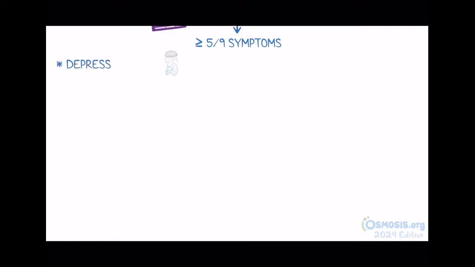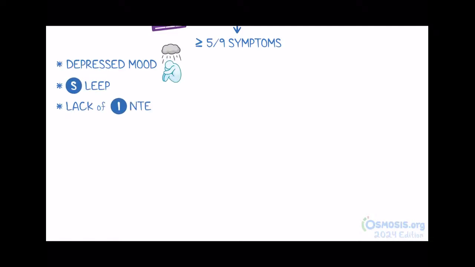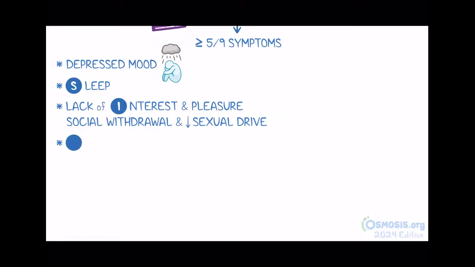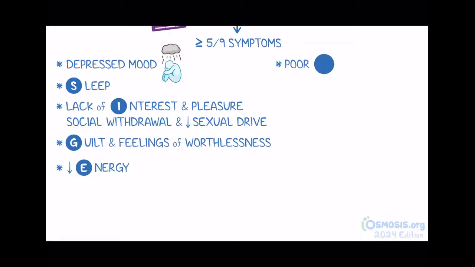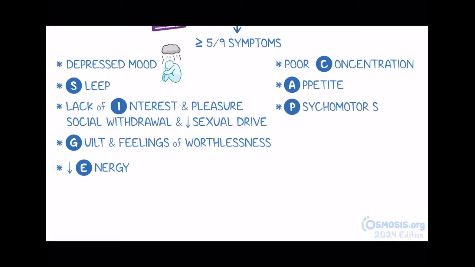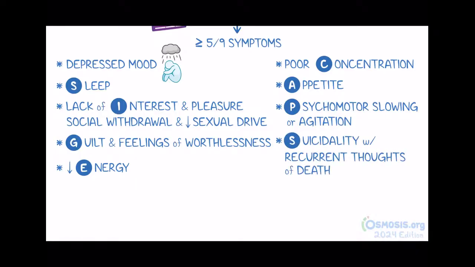These include consistently depressed mood, too much or too little sleep, lack of interest and pleasure in previously enjoyed activities, social withdrawal and decreased sexual drive, guilt and feelings of worthlessness, decreased energy, poor concentration, changes in appetite, psychomotor slowing or agitation, and finally, suicidality with recurrent thoughts of death, including passive thinking, active planning, as well as suicide attempts.